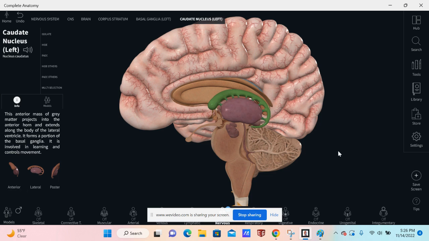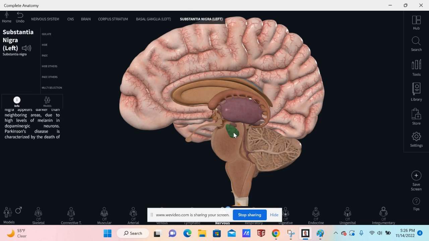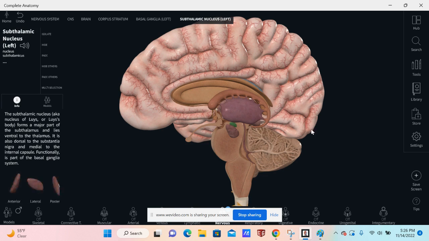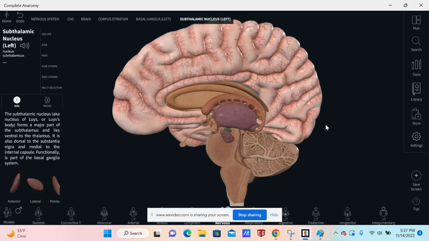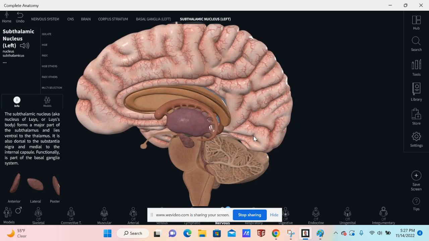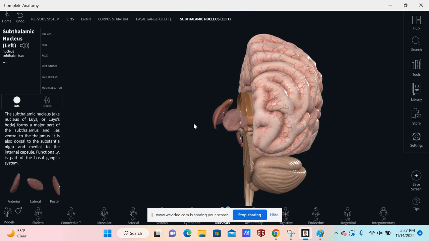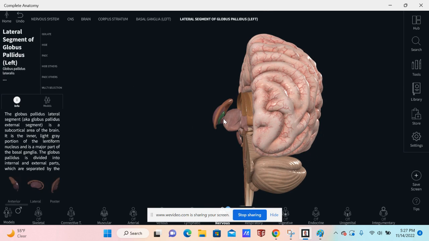All right, so you had the substantia nigra, you had the subthalamic nucleus, putamen, caudate nucleus, and then we can barely see back in here, just medial to the putamen, you have what's called the globus pallidus. Globus pallidus.